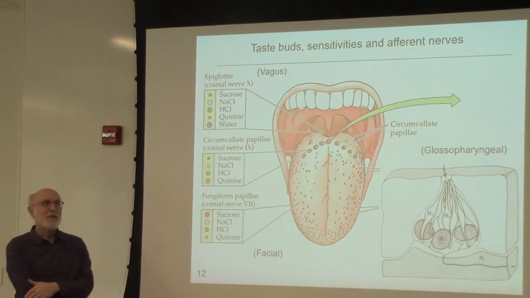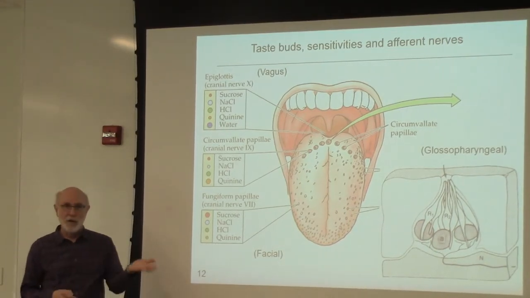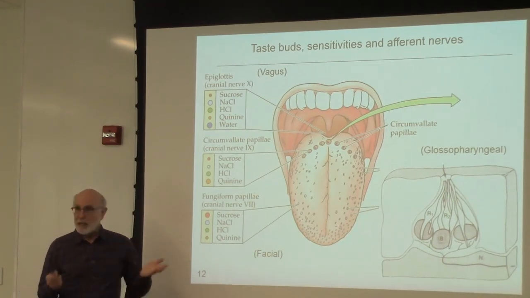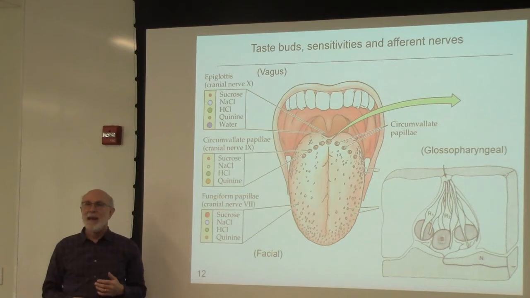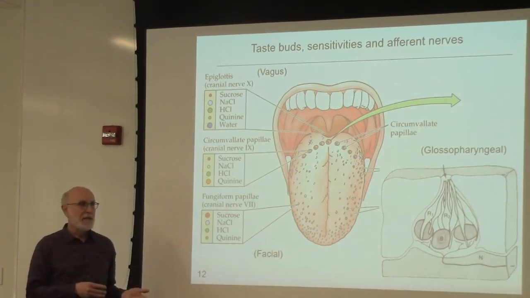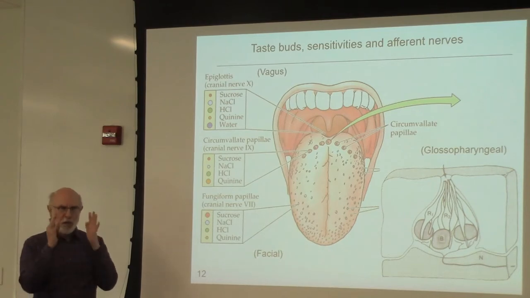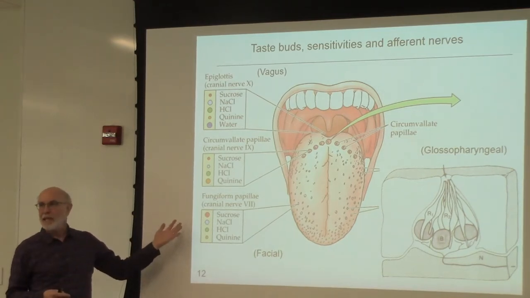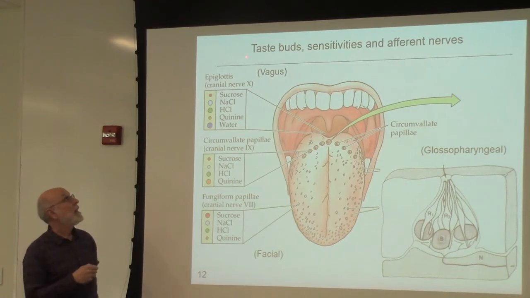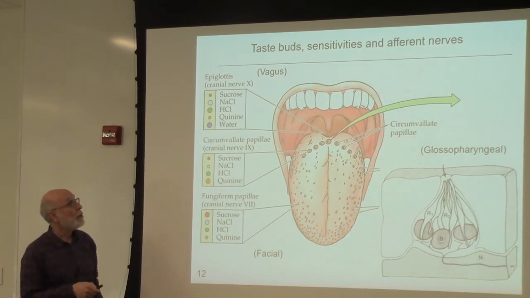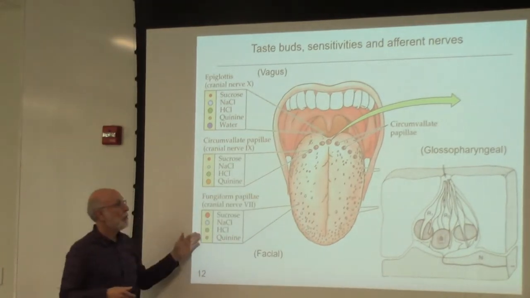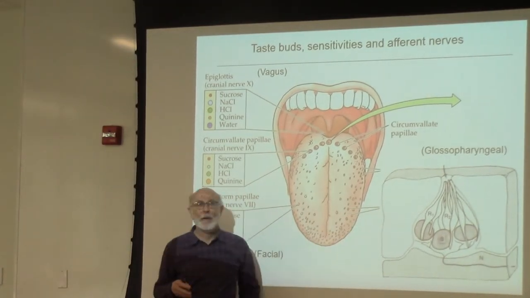So the olfactory nerve carries olfactory information, and the optic nerve carries optic information, and the vestibulocochlear carries auditory and balance information. It's pretty one-to-one, except for taste. Taste, it breaks down. We have 3 different cranial nerves. Vagus, mostly innervating the back of the throat. Glossopharyngeal, mostly innervating the back of the tongue. And facial, mostly innervating the front of the tongue, carrying taste information.